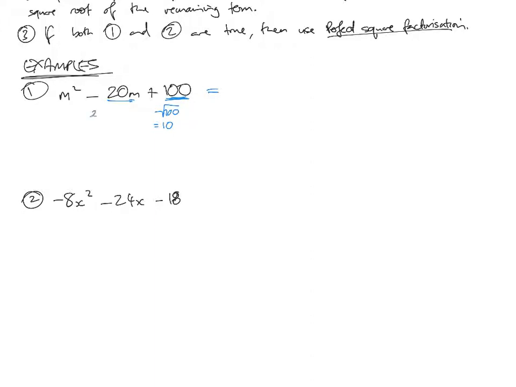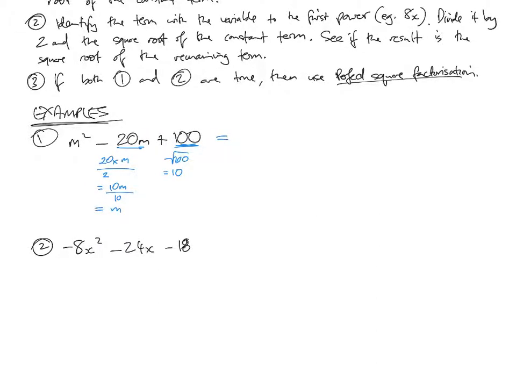So 20m divided by 2 would come to 10m, and then divided by the square root of the constant term, 10, that would come to m. Then you check to see if the result is the square root of the remaining term. So the remaining term is m squared. What's the square root of m squared? That is m, because the number that you're squaring to get m squared is m by itself.